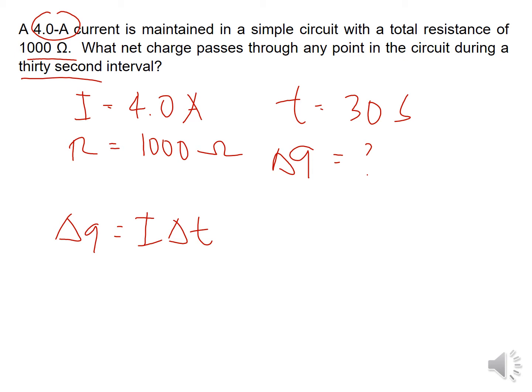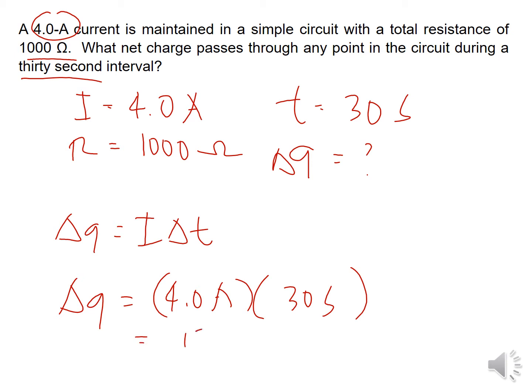So we have the given current here, 4.0 ampere. And then we also have the given time, 30 seconds, so therefore we can already compute the value of charge.